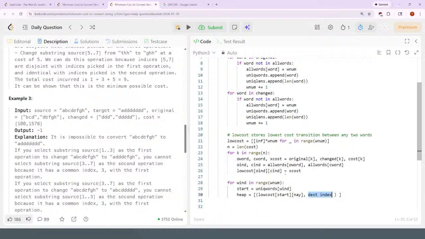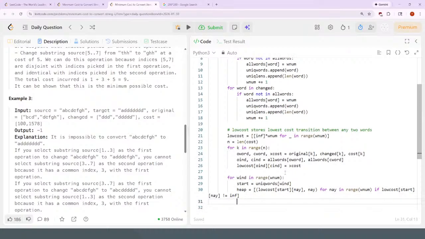The destination index is the neighbor index for every neighbor in range of also wnum, if low cost from the start to the neighbor is infinity. So there is the transition there. Alright, I think that's the logic that I want here.